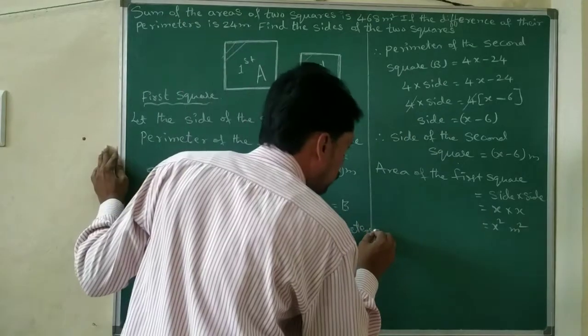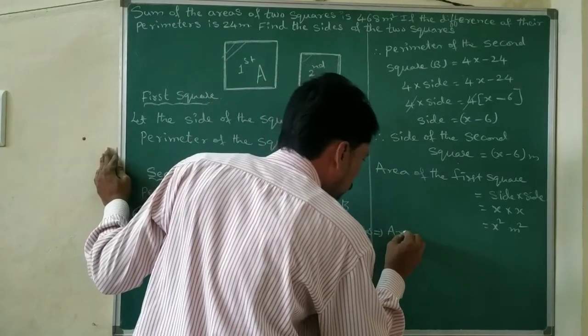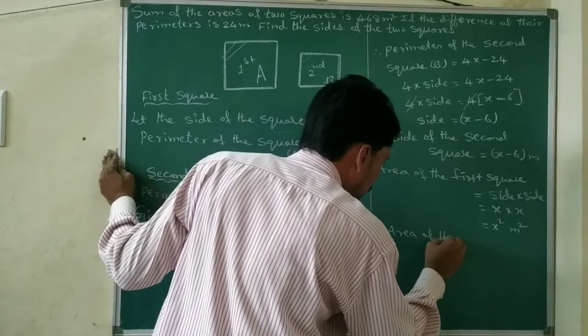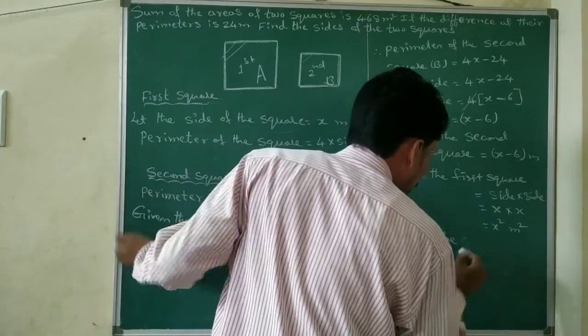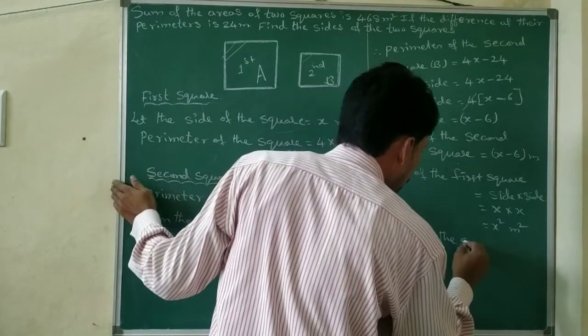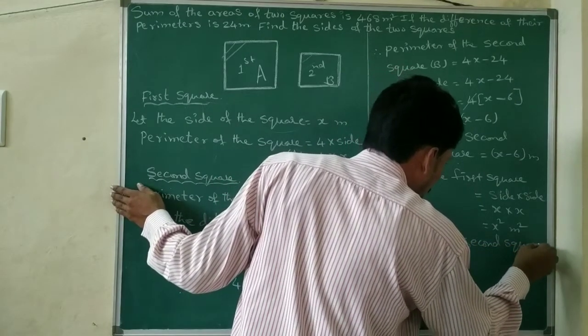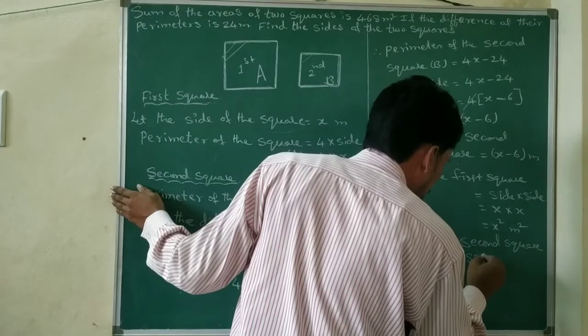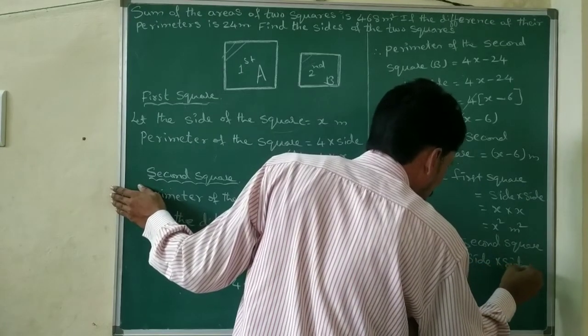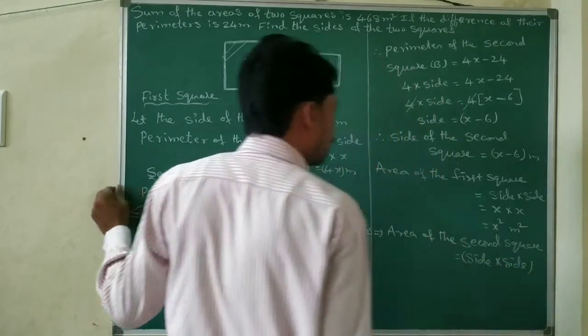Now again you can find the area of the second square also. Area of the second square equals side into side only, otherwise you can take s square also.